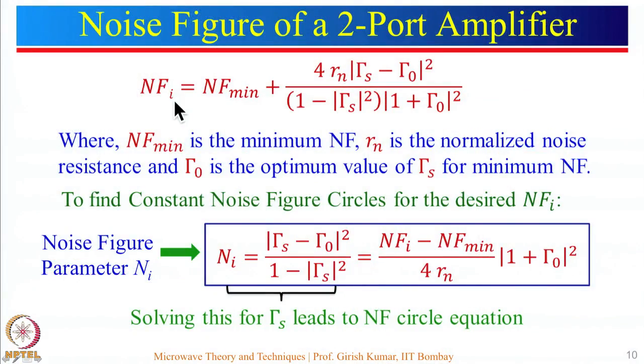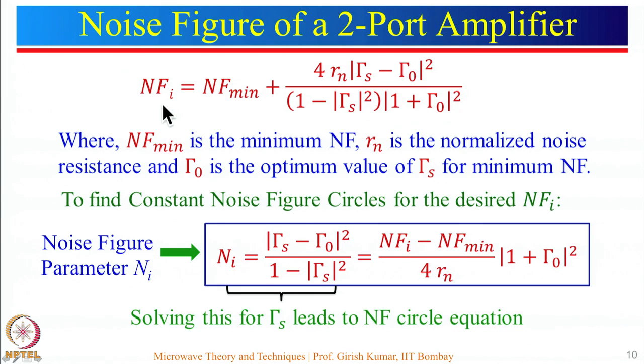So, you can see here that this expression will reduce to NF min if gamma S is chosen in such a way that it is equal to gamma 0. If gamma S is chosen as gamma 0, then this term will become 0, so we can realize the overall noise figure of this amplifier as NF min. However, if gamma S is not equal to gamma 0, then NF will have a larger value.